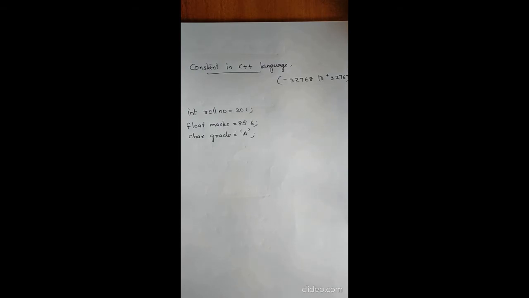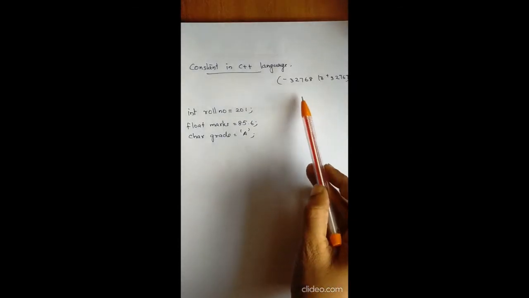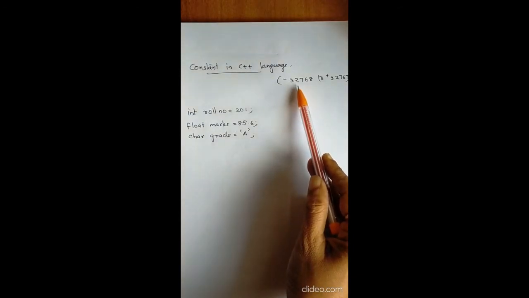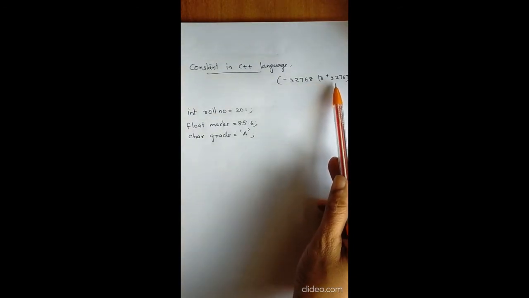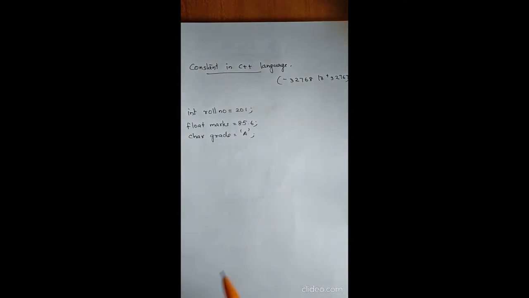It must have at least one digit, and it must not have a decimal point. It may be positive or negative, and the range of an integer constant is between minus 32,000 to plus 32,000. And no comma or blank space is allowed in an integer constant.